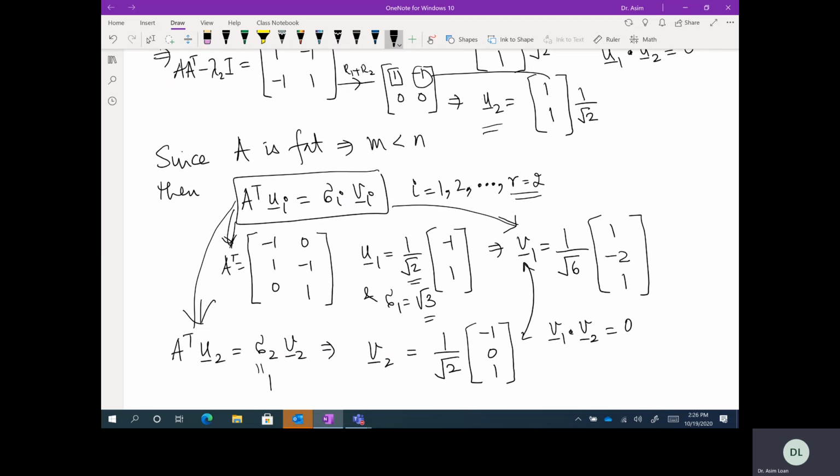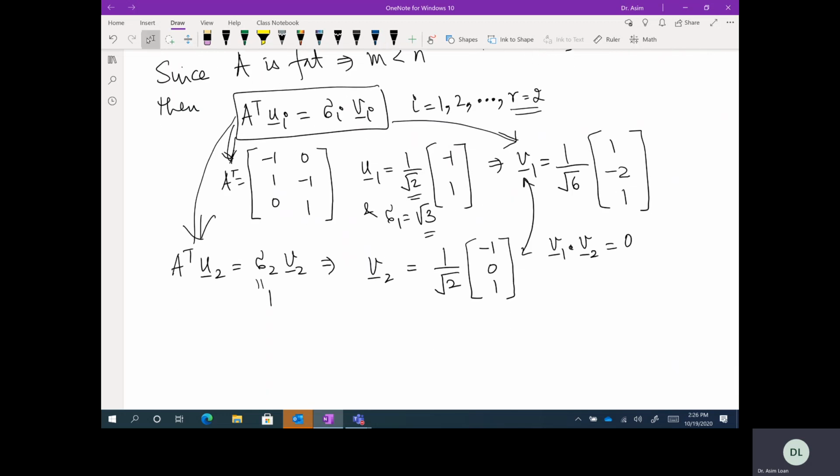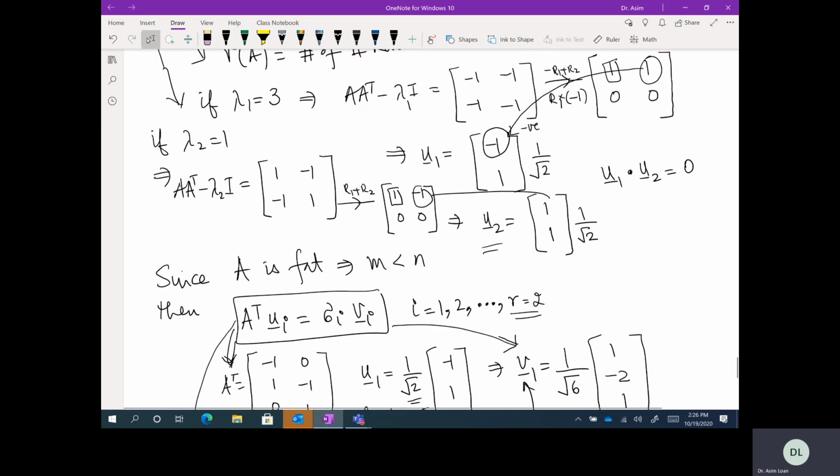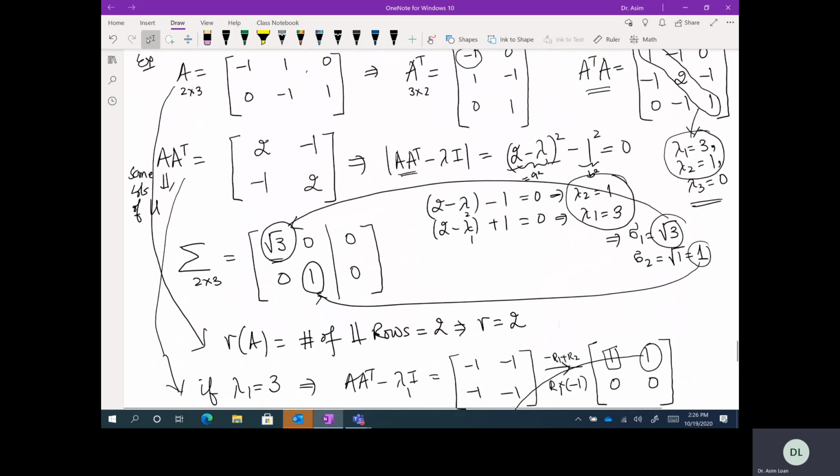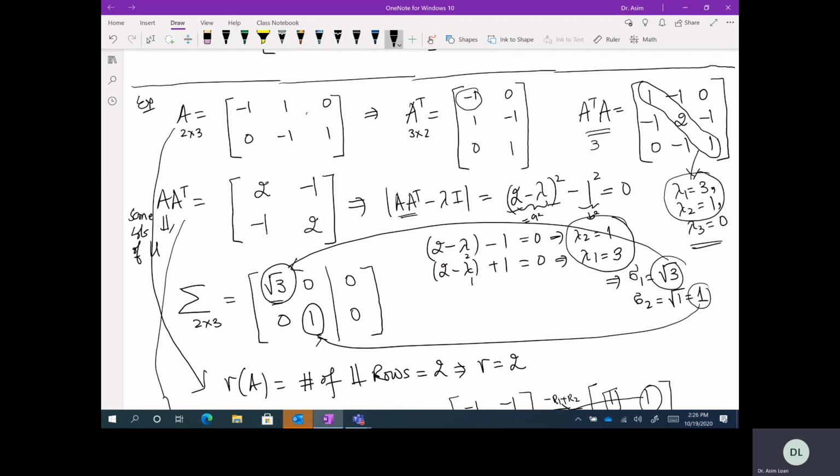And how do I get V3? The only thing left is V3, because A transpose A is a 3 by 3 matrix, so I have to have a third one.